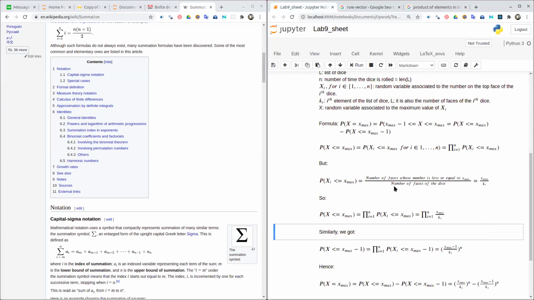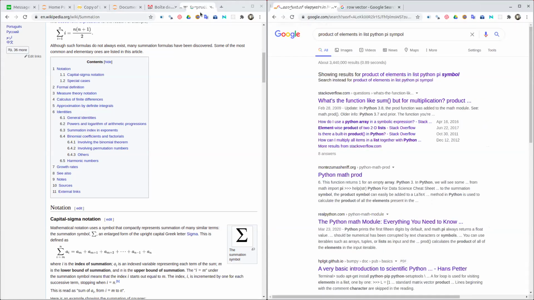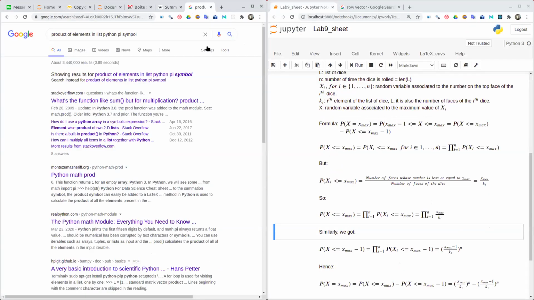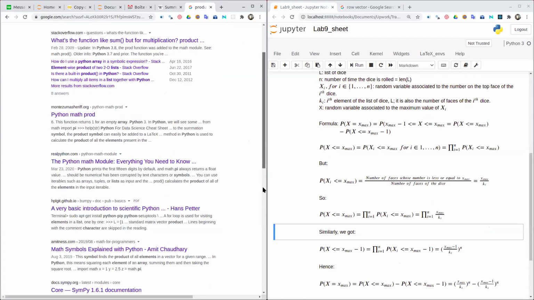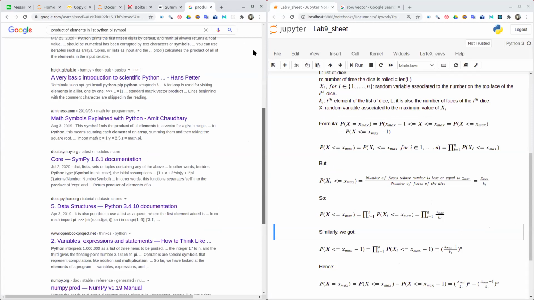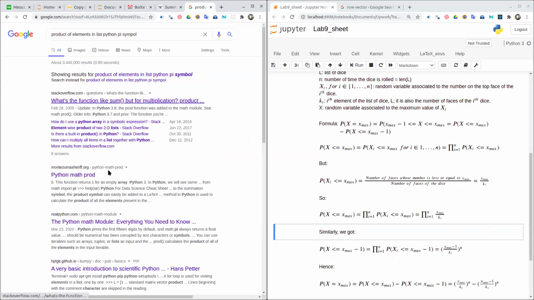So you see, let me try to put it here. This product is equal to x max divided by k1 times x max divided by k2 times x max divided by k3, n times, till x max divided by kn.